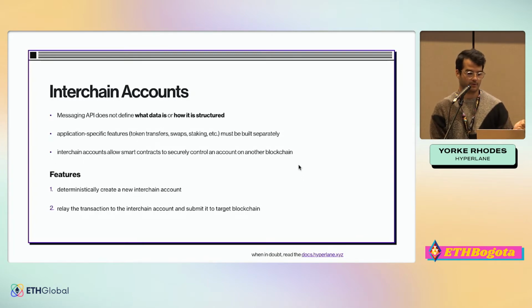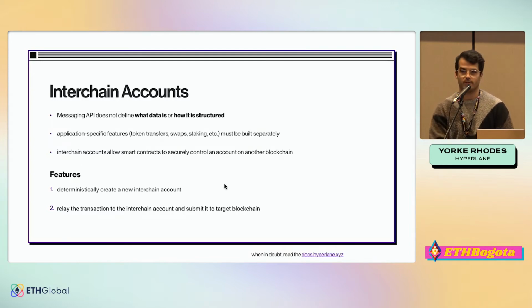And so this allows you to have a smart contract on chain A that holds assets on chain B, or does atomic actions on chain B. Basically the way this works is there's an interchain account that's deterministically created from the source chain contract, and that interchain account's bytecode restricts any incoming function calls to the source chain contract.